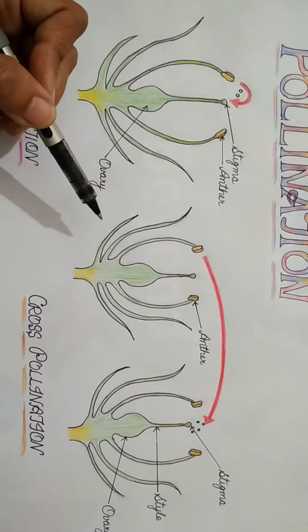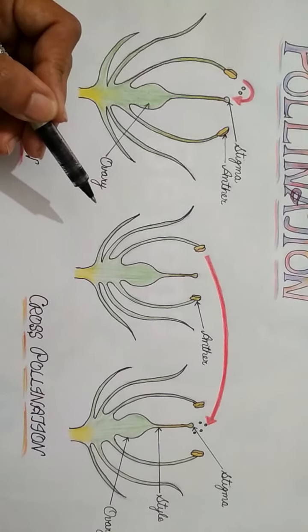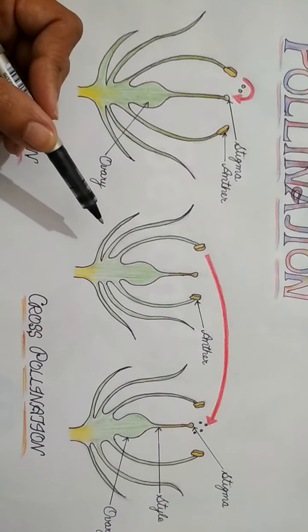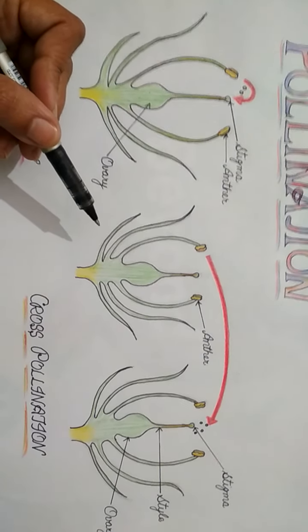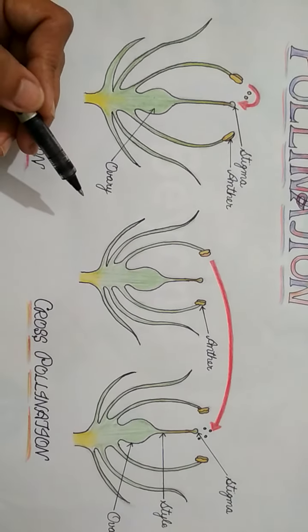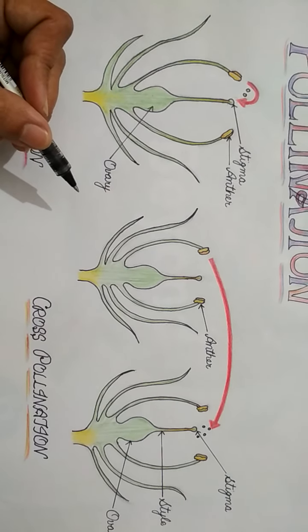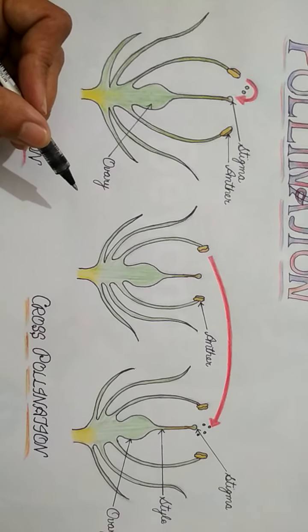And flowers of rose, sunflower, gulmohar, and sweet pea are pollinated by insects. Generally, insect pollinated flowers have a sweet smell and brightly colored petals. Some birds such as sunbirds and hummingbirds also help in the pollination process because they have small and narrow beaks.